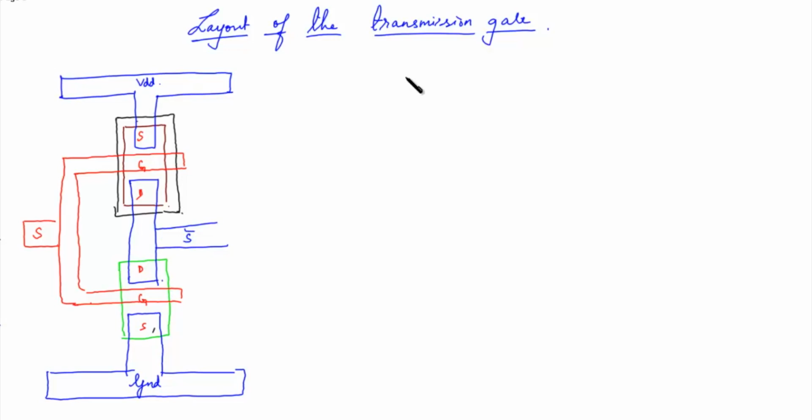Now similarly you have to construct the transmission gate part over here. This is the N well, then the P diffusion layer, then the N diffusion layer.